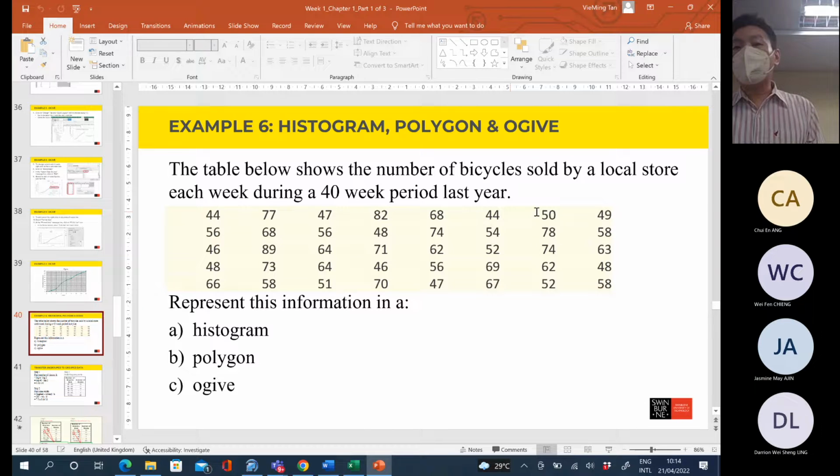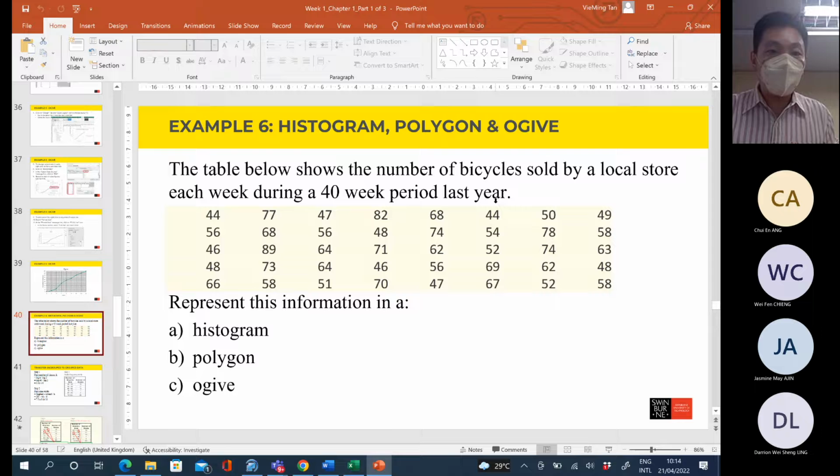Let's say we have 40 data, the weekly sales data. Before you can draw a histogram, polygon, or ogive curve, the first step is you must form a frequency table. Even for your project 1, question number 3, you also need the knowledge to form the frequency table in class interval form.